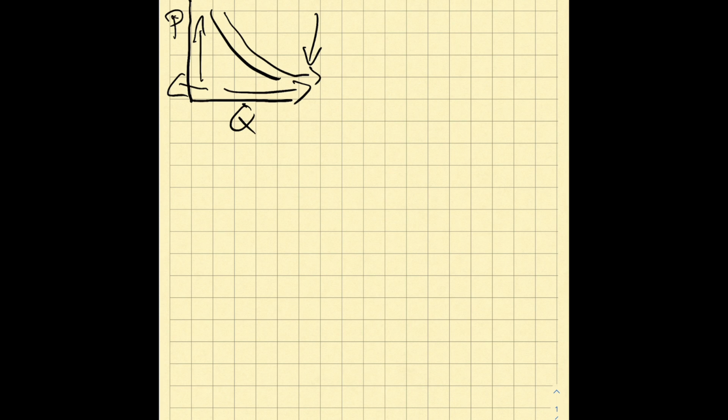Quantity demanded goes up. That just makes sense, because the cheaper something is, the more people are willing to buy it, and the more expensive something is, the fewer people are going to buy.